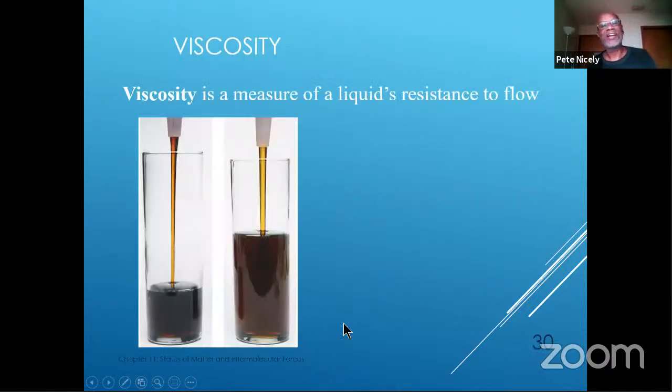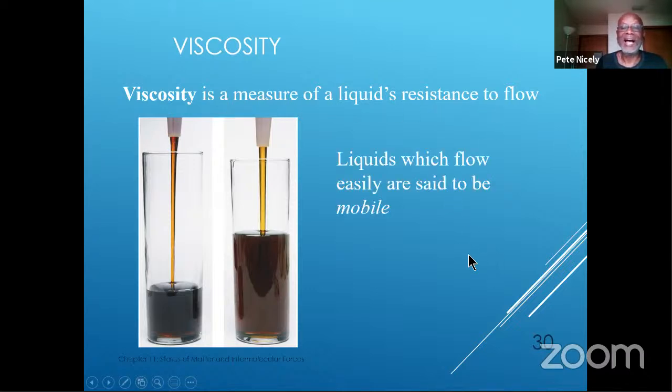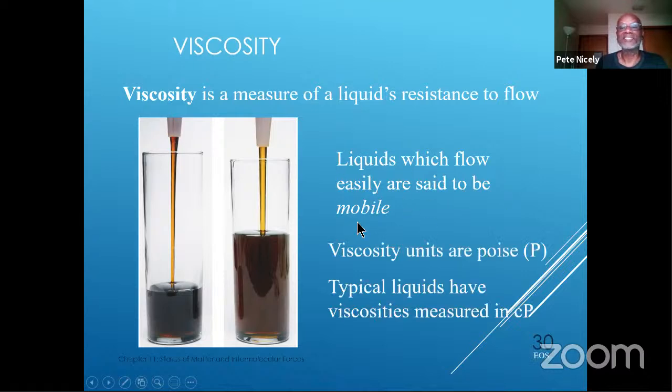Viscosity is also another phenomenon which is related to the attractive forces between the molecules in a liquid. Here's a definition of viscosity. It's a measure of a liquid's resistance to flow, and therefore the liquids that flow easily are said to be mobile, and we measure viscosity in units of poise, all right?